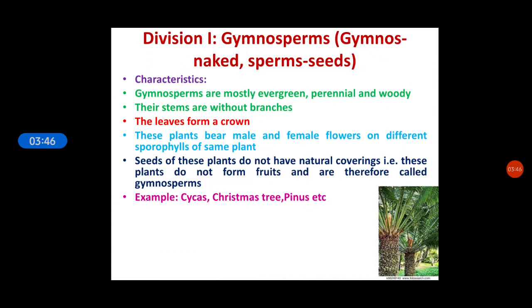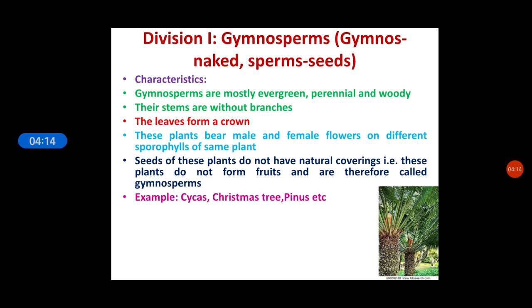Let's learn about the gymnosperms. The word gymnosperm is made from two Greek words, gymnos, which means naked, and sperma, which means seed. Gymnosperms are naked seed containing plants. The seeds are found exposed to the environment. Cones bear the seeds. These are woody perennial trees.